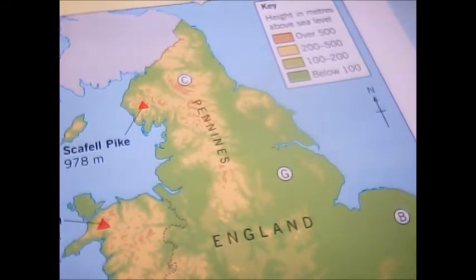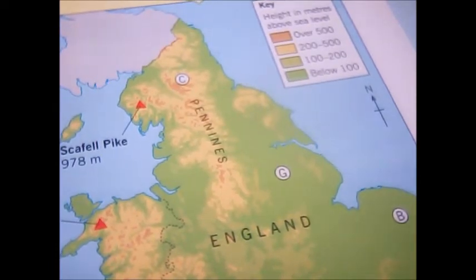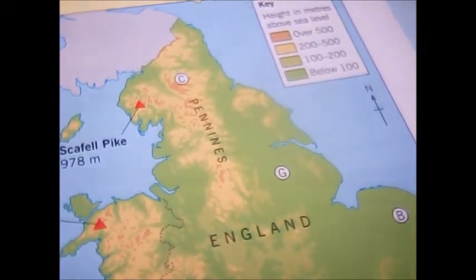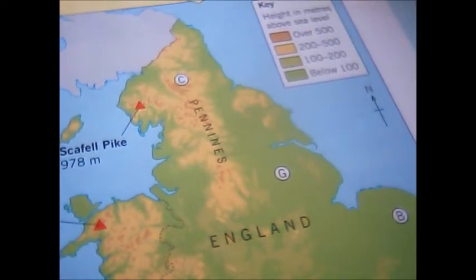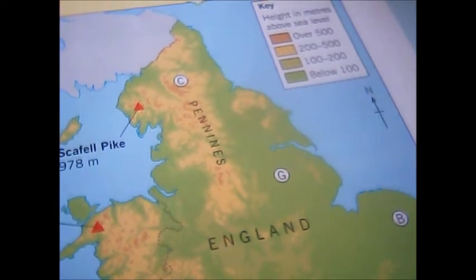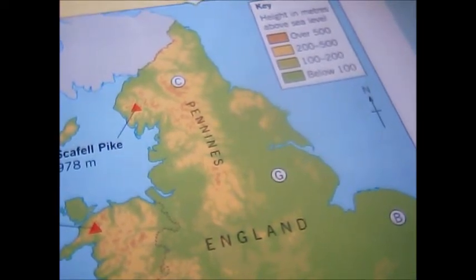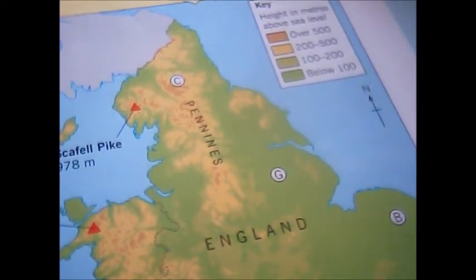These are shown in various different colours, from a pale yellow to a darker brown or orange. On this map, these mountains at their peak would be over 500 metres above sea level. However, in the yellow, as you can see, they are slightly lower in height, between 200 and 500 metres.